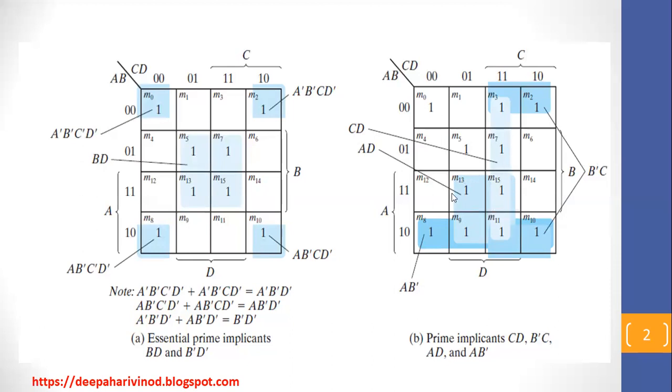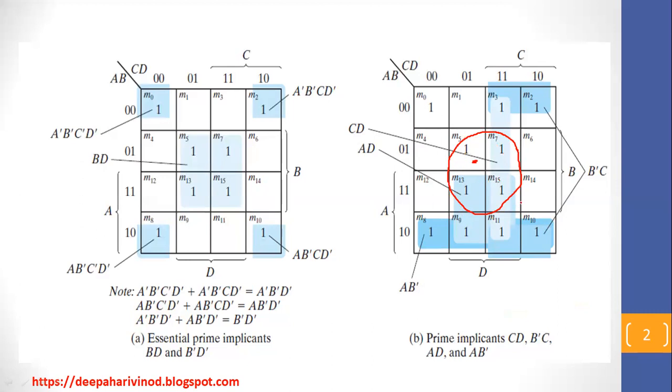See, if I group this 4 together also, I need to group this, isn't it? Otherwise, this one will not be covered. So for that purpose, I can say that this group is a very essential group over here.